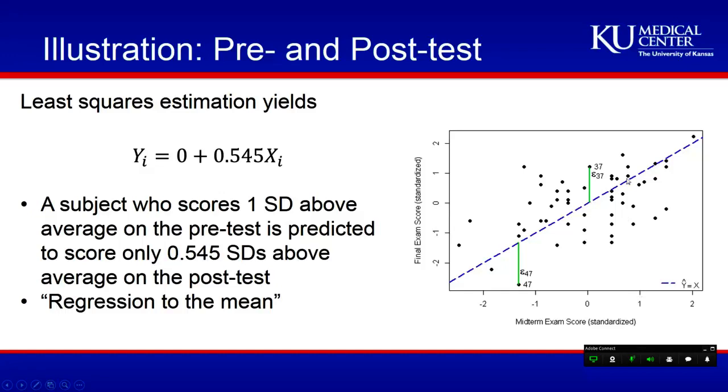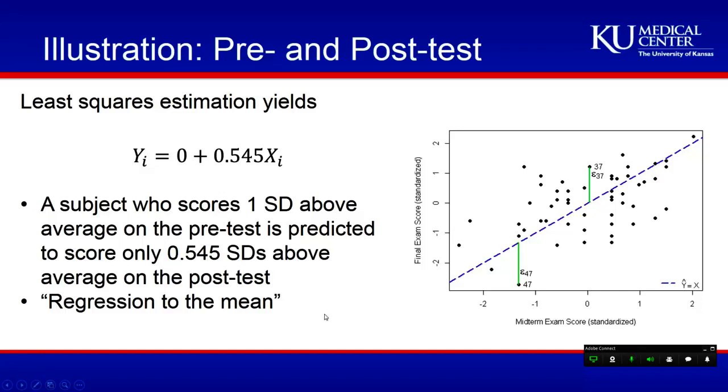The person who scored 1 is expected to score, oh, this is actually not the line because it's y equals x, is expected to score, if I plotted this line, about 0.545. So the slope not only allows us to calculate the expected value of y or predicted value of y for different values of x, it also allows us to describe differences in y for differing values of x.